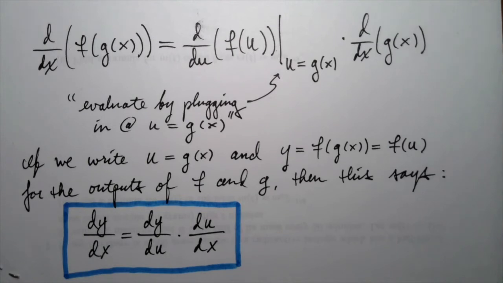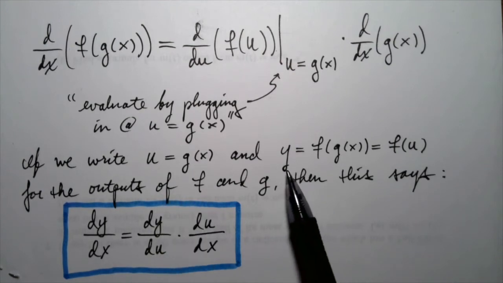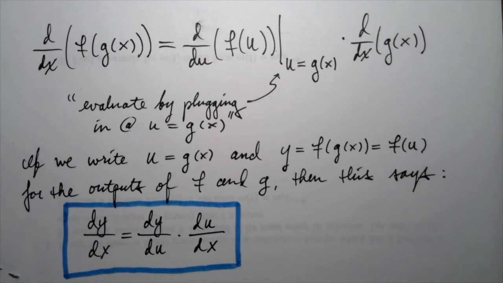Here we go. So we're going to make some abbreviations. u, this auxiliary variable, is just a name for the outputs of g, and y is the name for the outputs of f. That's how we usually think of the y-axis, the outputs of the function.